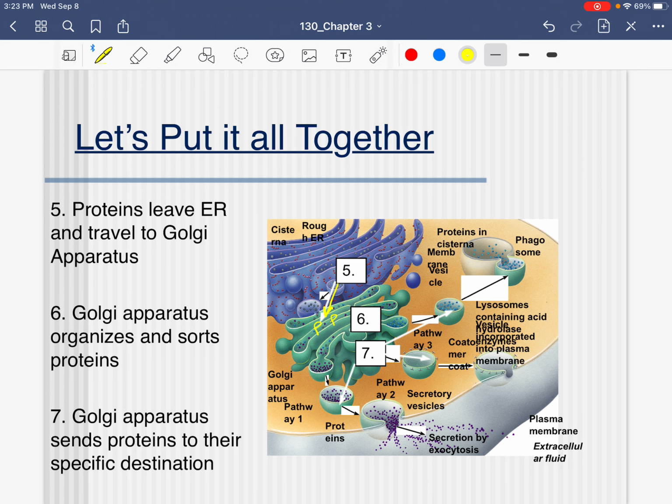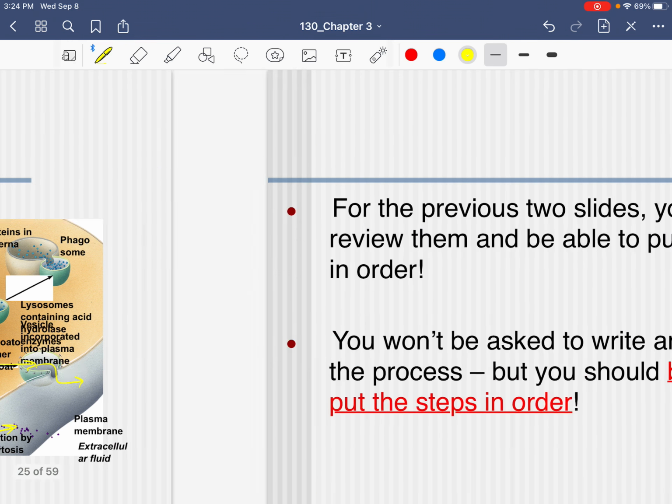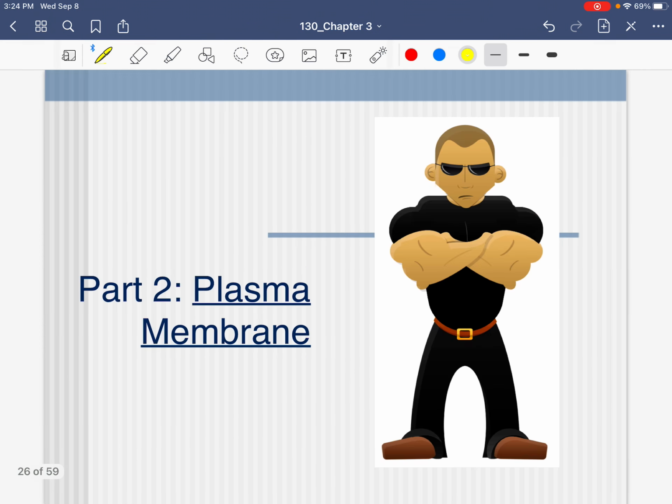Those proteins are then sorted, and then those proteins are spit out by the Golgi apparatus to a variety of different destinations. In this example, the proteins are going to a vesicle, which is going to spit them out of the cell. Over here, these proteins are going to a lysosome. These proteins are also going to a different part of the membrane to come out. Wow. It is like a little working factory.